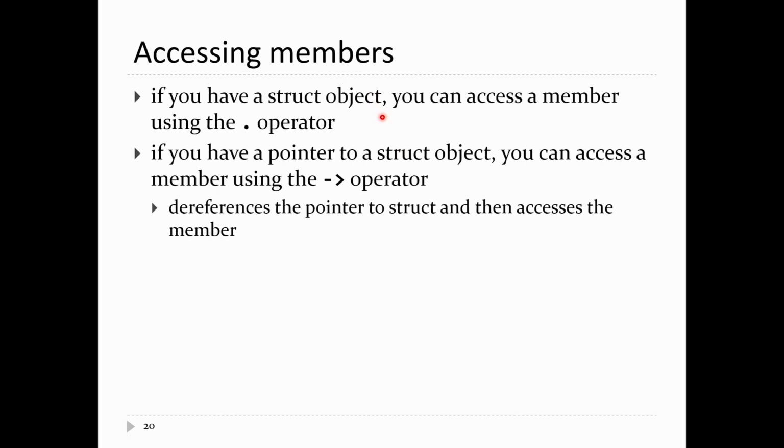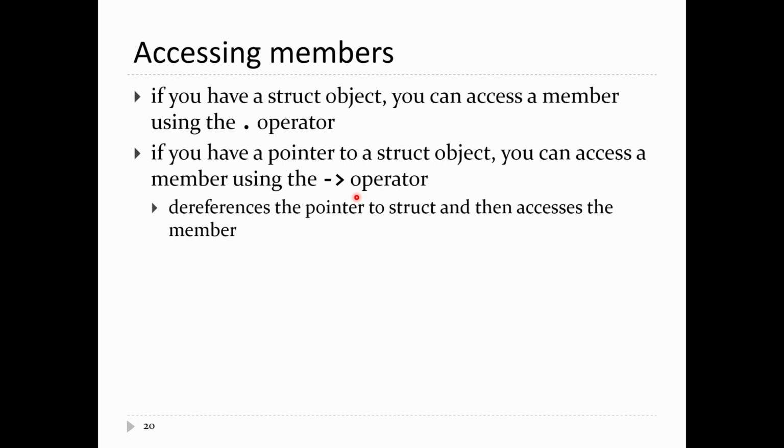Accessing members. If you have a struct object, you can access the members using the dot operator, just as I've shown you so far. Now, a lot of the times when you're working with structures, you don't have the structure object directly. What you have is a pointer to the structure. If you have a pointer to a struct object, you can still get access to the members. You just use a different operator.